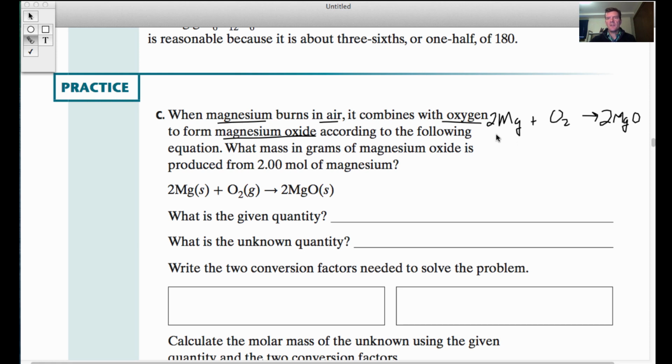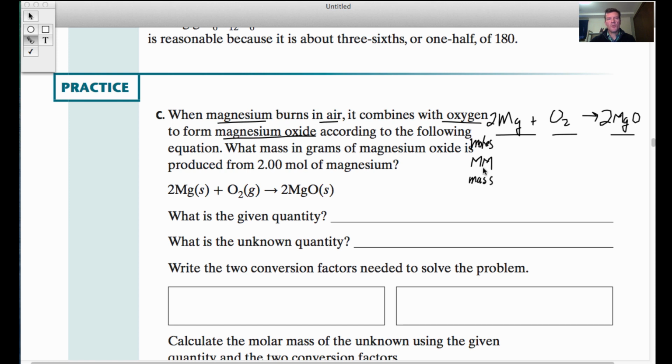Under each of these, I'm going to have some quantities that I should be able to find. The first thing I'm going to write down is the number of moles. And then I'm also going to need the molar mass, that's MM, and down here I'm going to put mass.